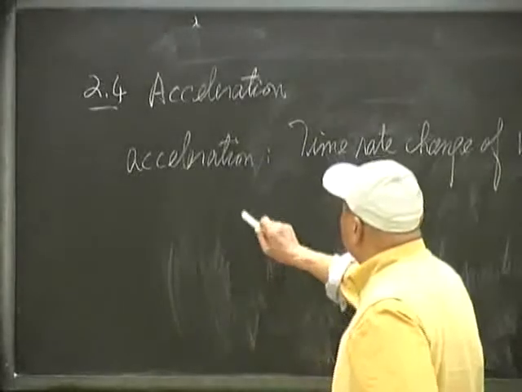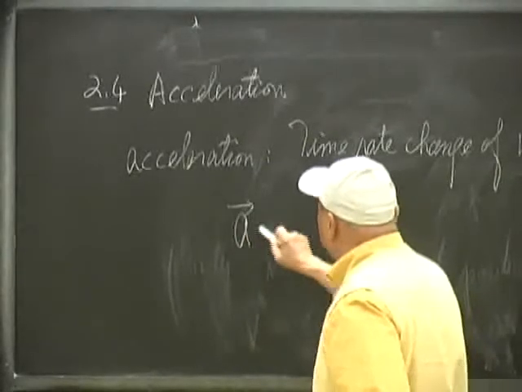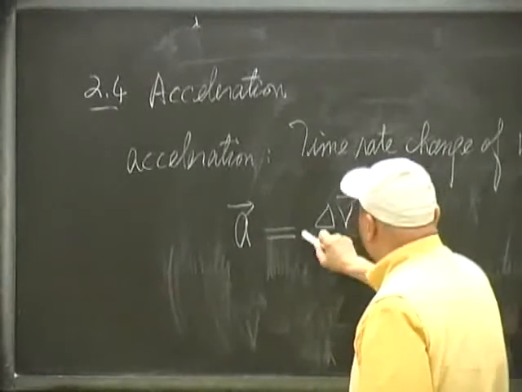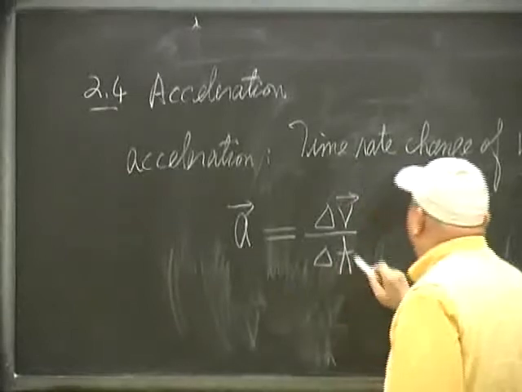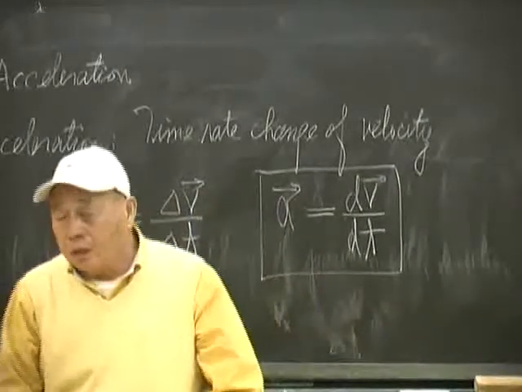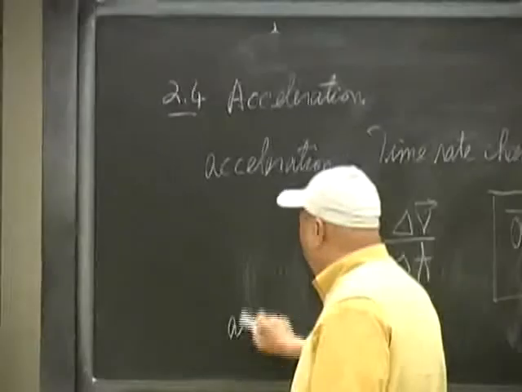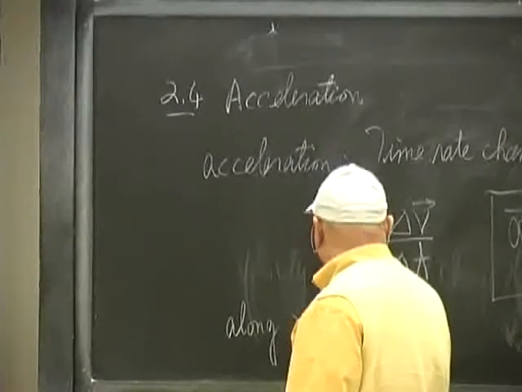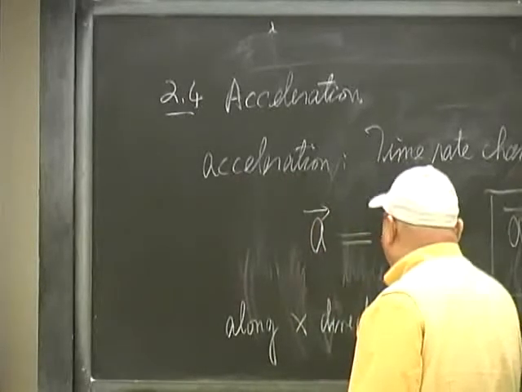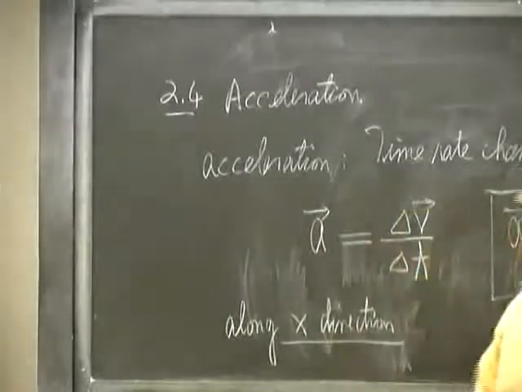So right away, a is the time rate of change of velocity, in which case it's delta v over delta t. Or you can say, if it's along one dimension, along the x direction, then you call it one-dimension acceleration.